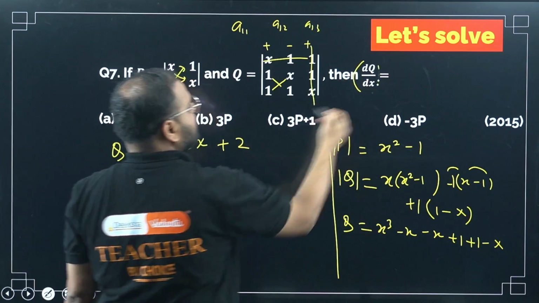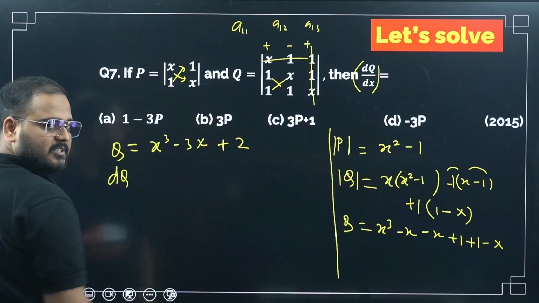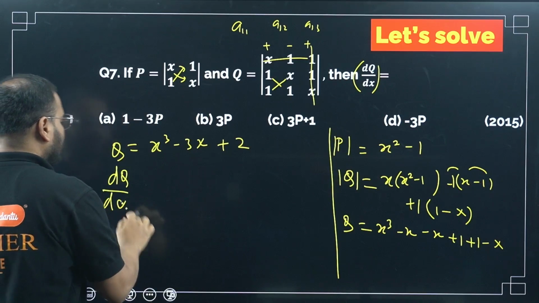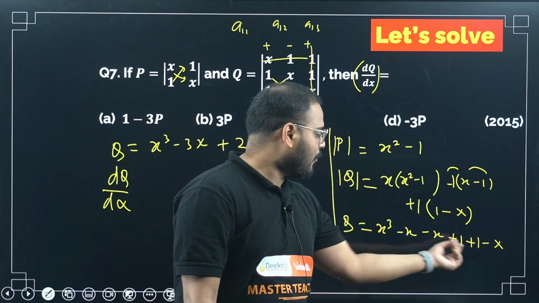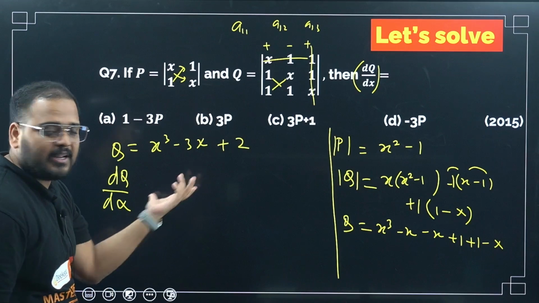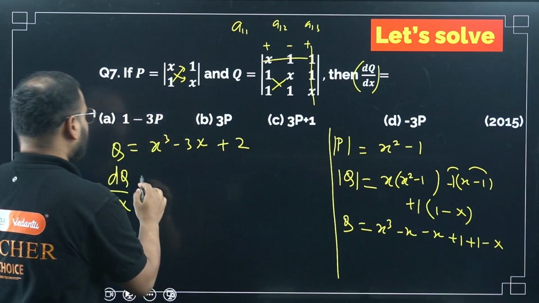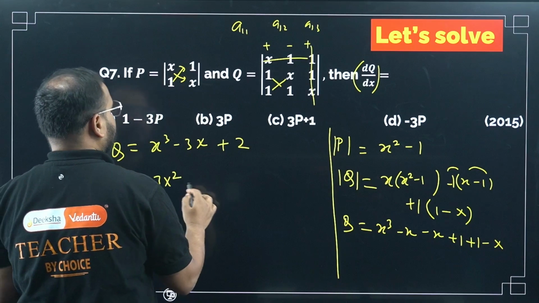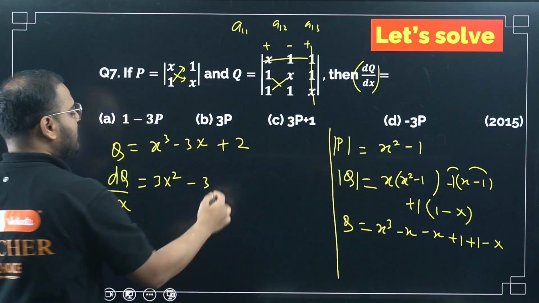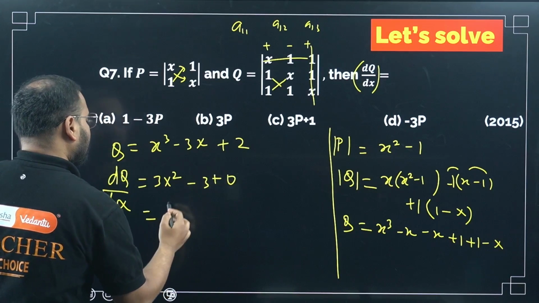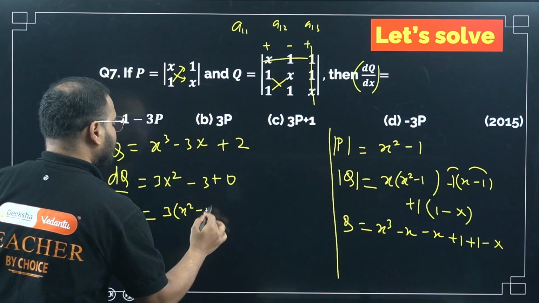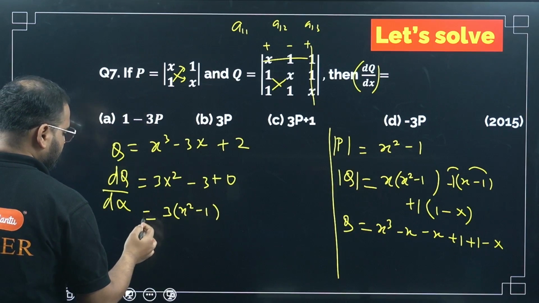Differentiate with respect to x. It is a polynomial expression. I'll differentiate with respect to x and get 3x square minus 3. Plus 2 will become plus 0. Take 3 common and I'll get x square minus 1.